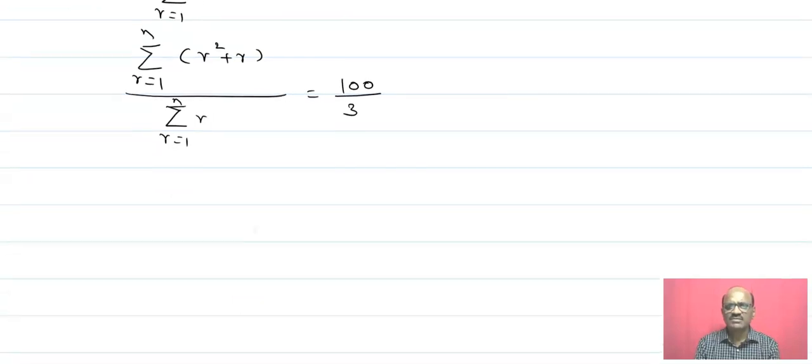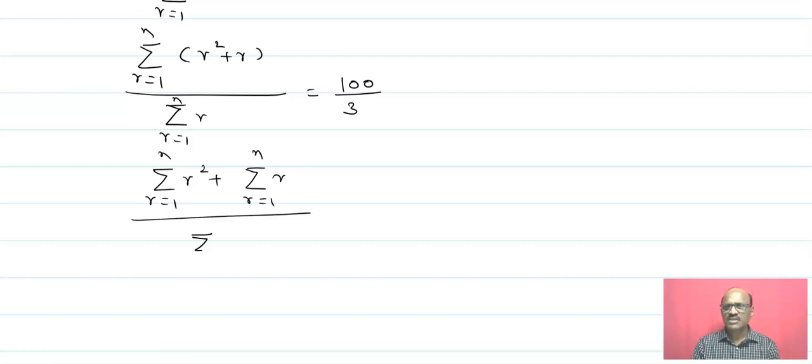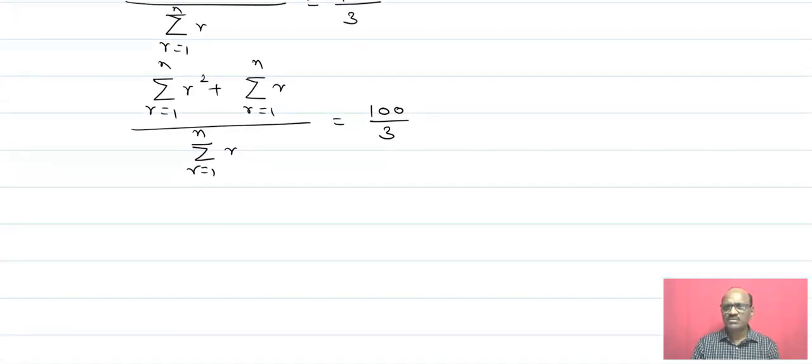Therefore, that is equal to 100 upon 3. Therefore summation r is equal to 1 to n of r square plus summation r is equal to 1 to n of r upon summation of r is 100 upon 3.